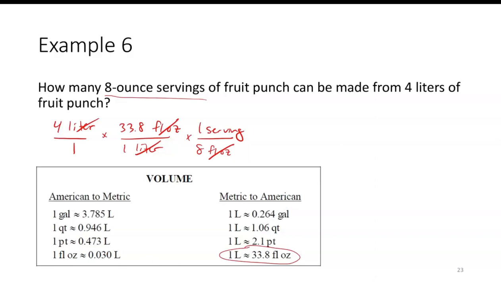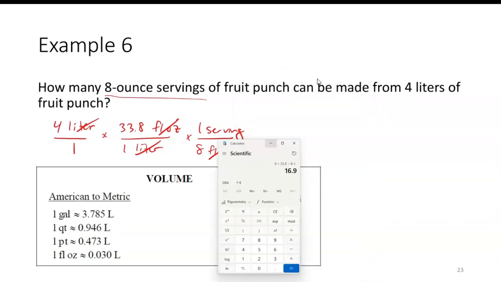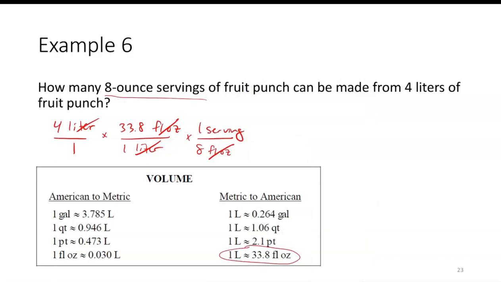So get the calculator. 4 times 33.8 divided by 8, we get 16.9. So about 16.9 servings. So not quite 17 servings, and this 16.9 is an approximation, not exact.